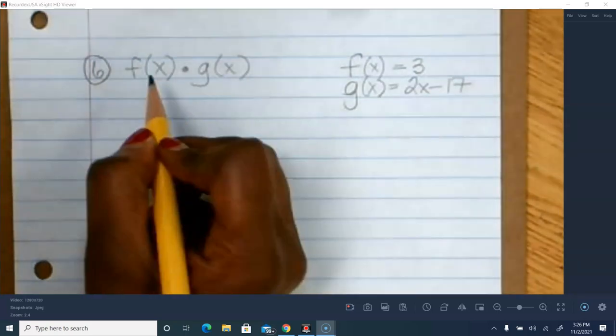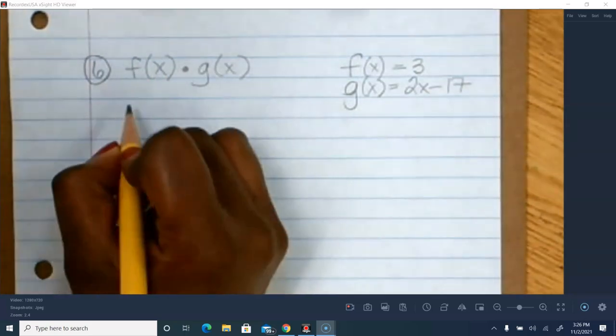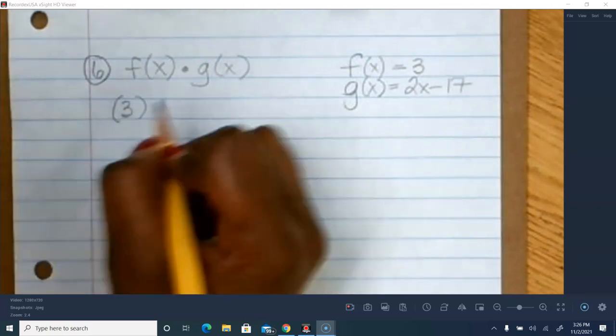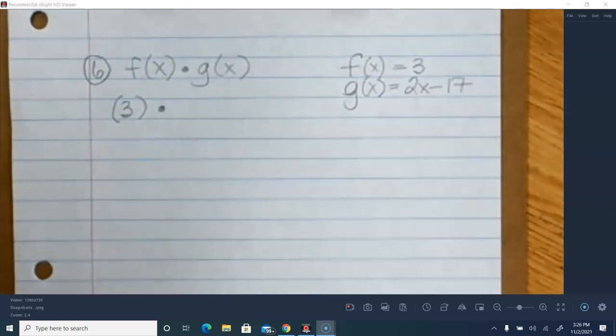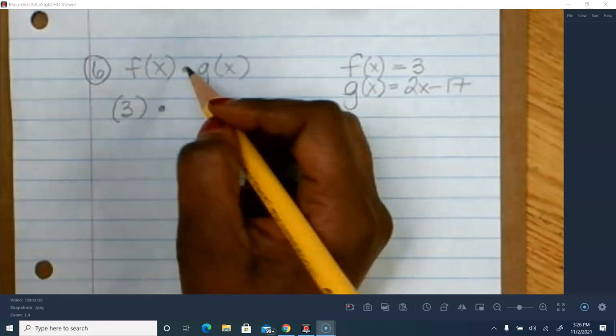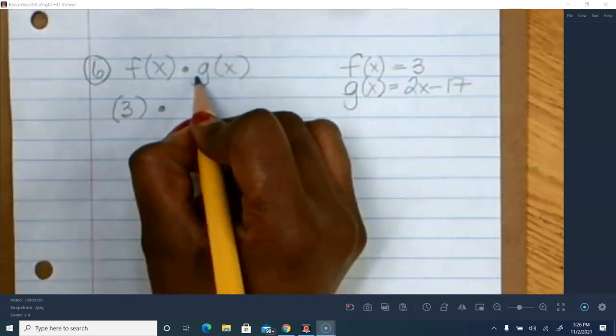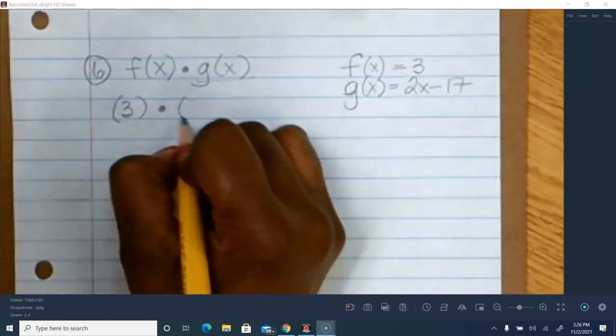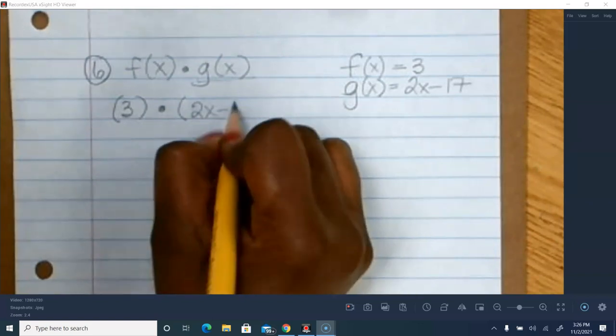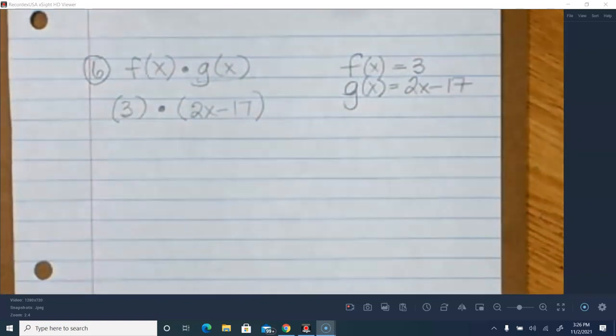So if I plug them in place of f of x, I'm going to put 3. I'm going to put it in parentheses as I would anything else. Times. And for g of x, I'm going to put in parentheses 2x minus 17. Now, this may look a little strange because we're not used to seeing that dot in the middle, but it does mean multiplication. And remember, multiplication can be written several ways.